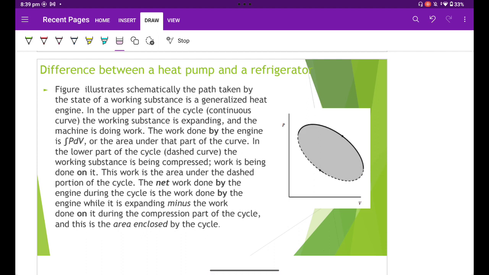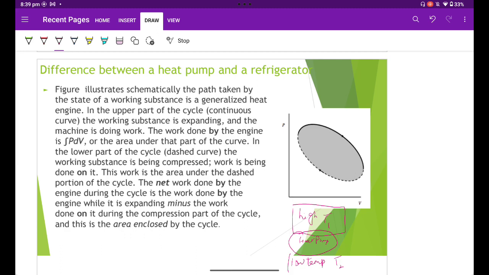That is, I repeat, if there is a high temperature reservoir at temperature T1, a low temperature reservoir at temperature T2, and a heat pump or refrigerator, and the Carnot cycle is operating in a reverse direction, what would happen?